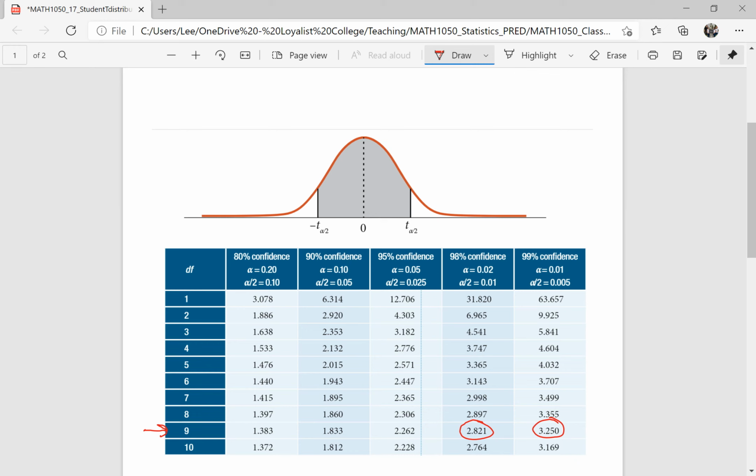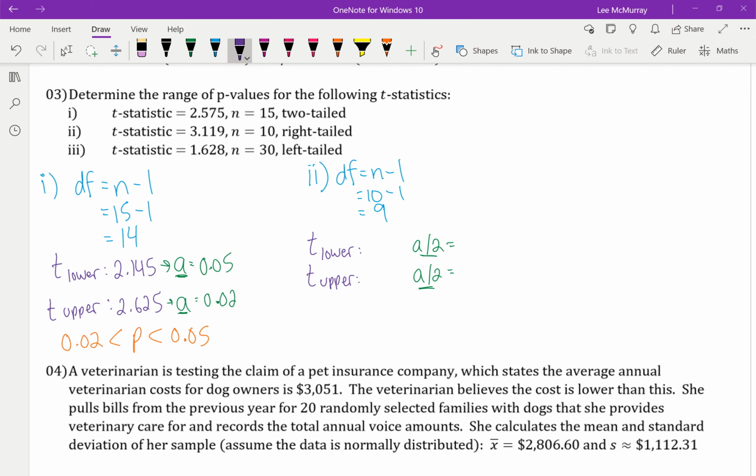And if we go up, we're going to split alpha in half. So this time our higher value, sorry, would be 0.01. And then our lower value would be 0.005. Okay, so those are the numbers we're going to copy back onto the class notes here. Okay, so our t lower value was 2.821.